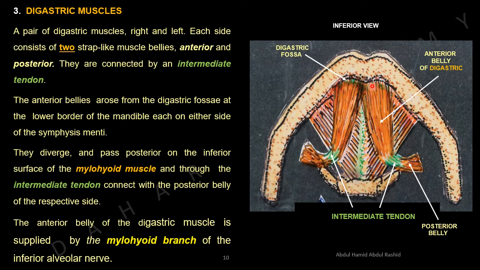The anterior bellies of the digastric muscles diverge and pass posteriorly on the inferior surface of the mylohyoid muscles, and then through the intermediate tendon, the anterior belly connects with the posterior belly of the digastric muscle on each side. The anterior belly of the digastric muscle is supplied by the mylohyoid branch of the inferior alveolar nerve.